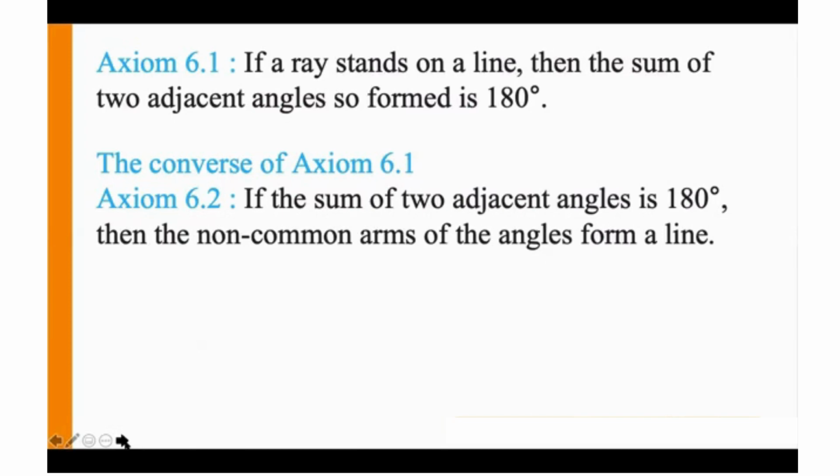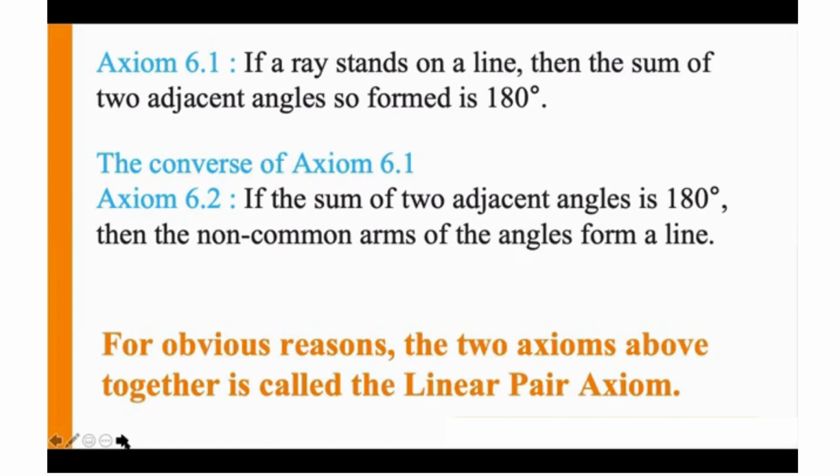And the converse of axiom 6.1 is axiom 6.2, which is: if the sum of two adjacent angles is 180 degrees, then the non-common arms of the angles form a line. For obvious reasons, these two axioms together are called the linear pair axiom. The obvious reason is that in both of these axioms, we are considering linear pairs of angles, and therefore they are called the linear pair axiom.